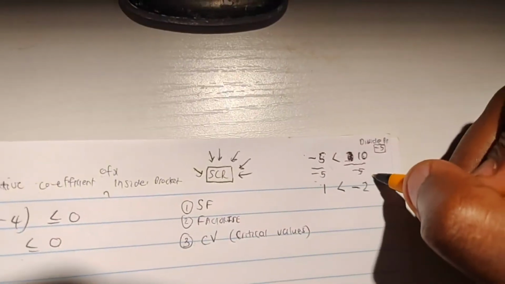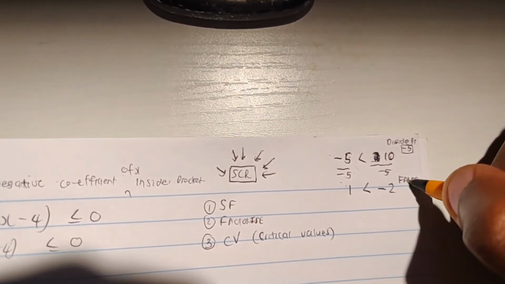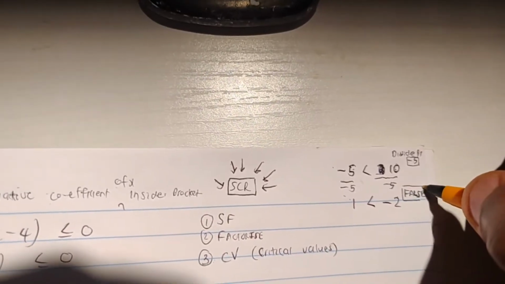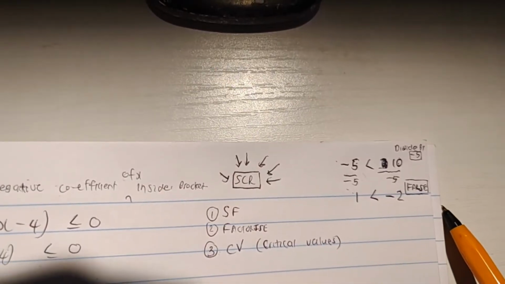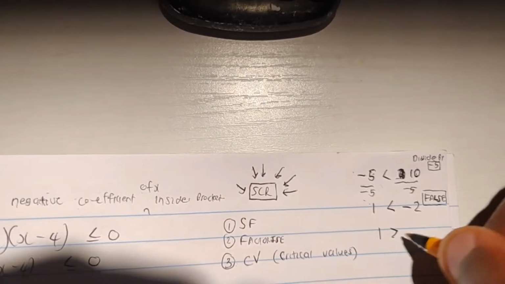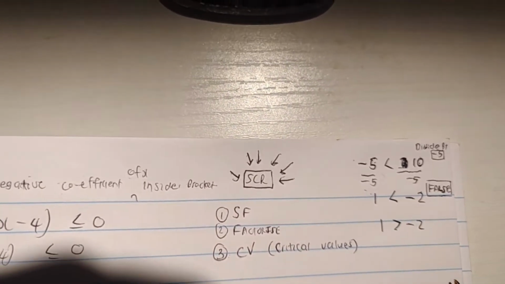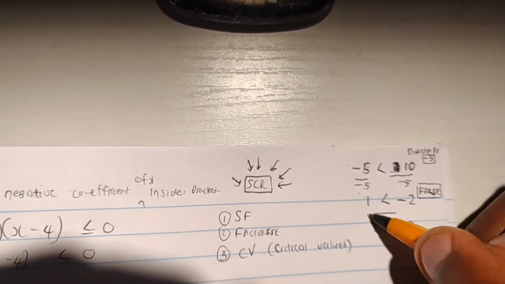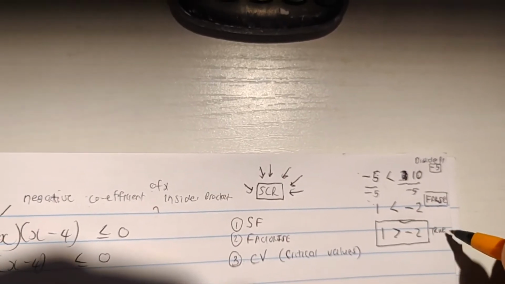So we know that this is a false statement. What would make it true? What would make it true is if I changed the direction of the inequality sign. So if I said now, is 1 greater than negative 2? Then you are going to say, yes, sir, it's true.